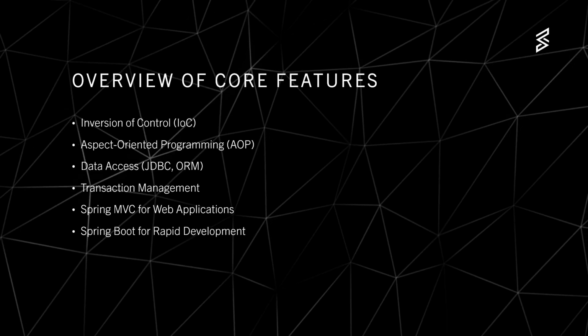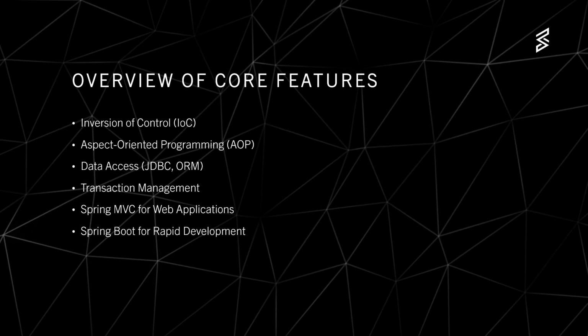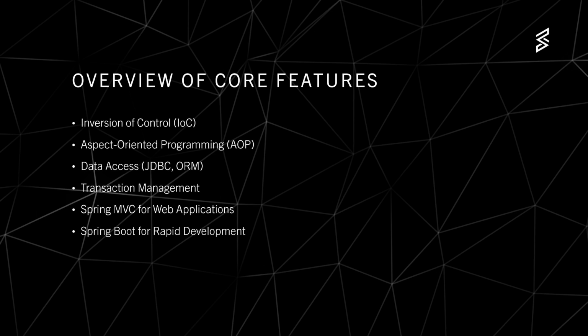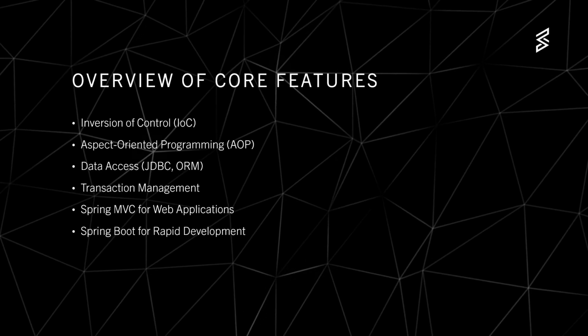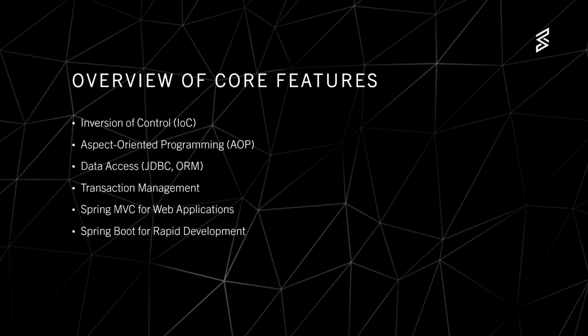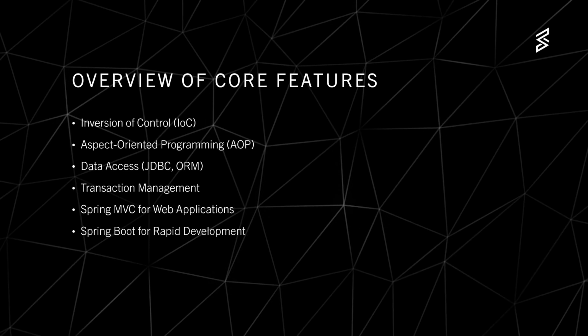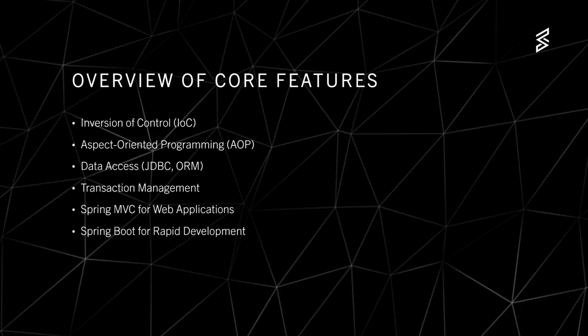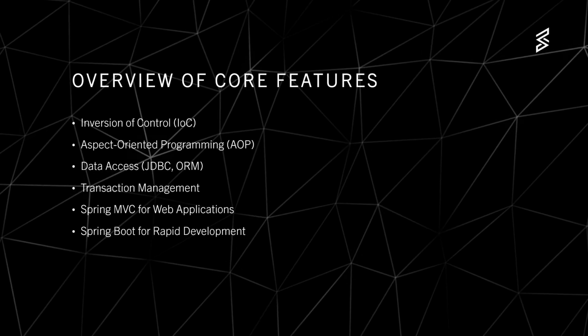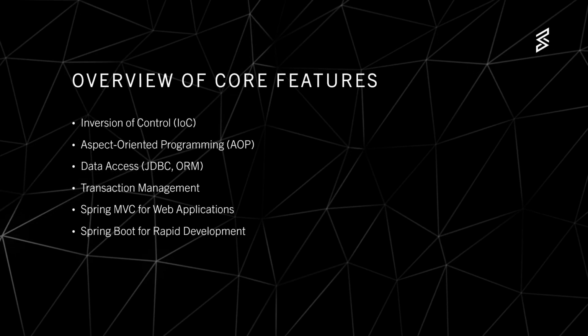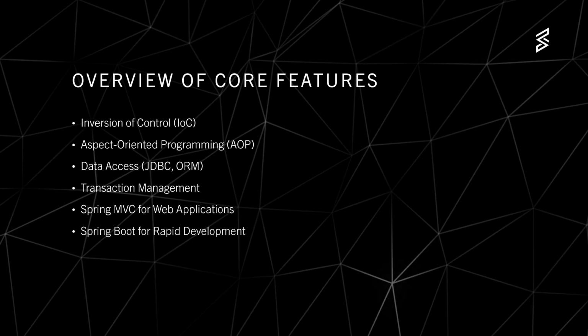Overview of core features. Inversion of control, IOC, which allows Spring to manage object creation and dependencies. Aspect-oriented programming, AOP, for handling cross-cutting concerns like logging and security. Data access: Spring makes it easier to work with databases using JDBC or ORM tools.